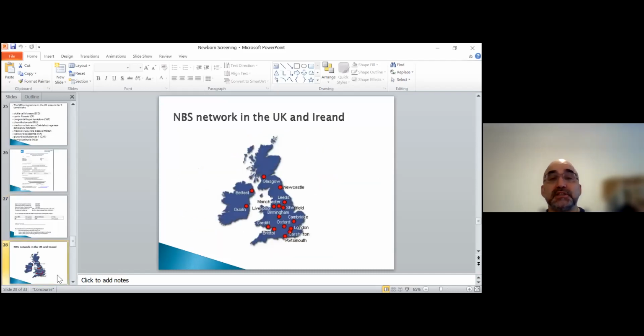Currently, these are the labs that do the newborn screening in the UK and in Ireland. Dublin has one, Belfast in Northern Ireland has another, and we have centres across the UK, in Scotland and in England, and we are here in Carshalton, south of London, as part of this network.